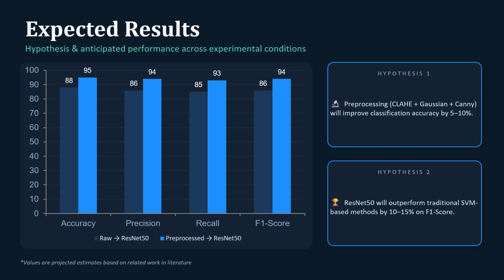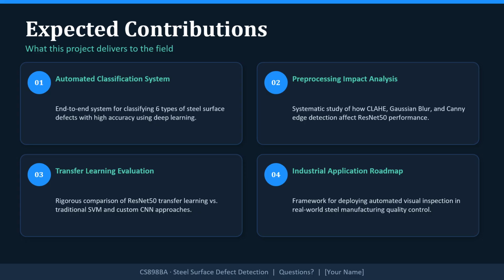My first assumption is that pre-processing will improve the accuracy by 5 to 10%. And my second assumption is that ResNet 50 will outperform the traditional SVM approach by around 10 to 15% on F1 score. These are estimates based on existing work, and the actual numbers will come from my experiments.